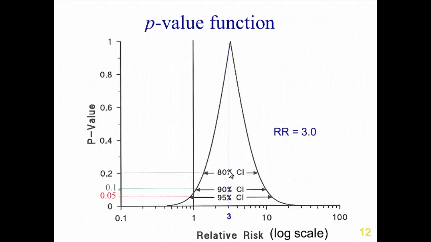There's a nested series of confidence intervals, and they have a correspondence to a particular value of alpha, which is labelled here p-value, but it's really alpha. So a 95% confidence interval is equivalent to an alpha of 0.05, a 90% is equivalent to 0.1, and 80% 0.2, and so on. You can see the correspondence. So it's possible to construct a p-value function around any study relative risk estimate, and the width of the p-value function will be very much determined by the sample size.